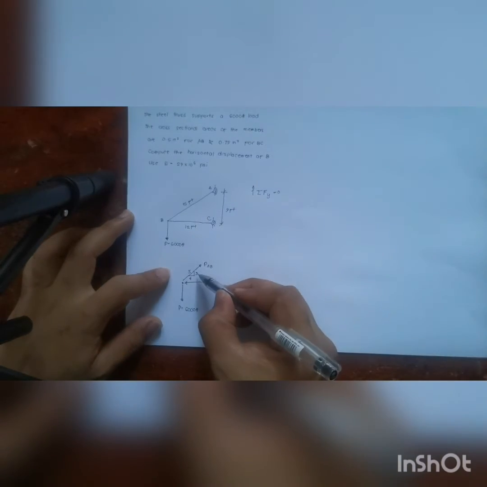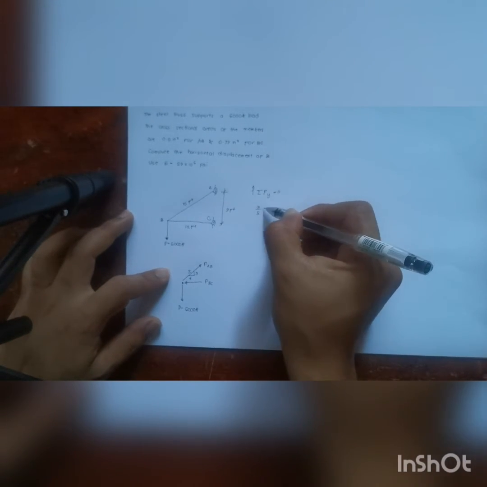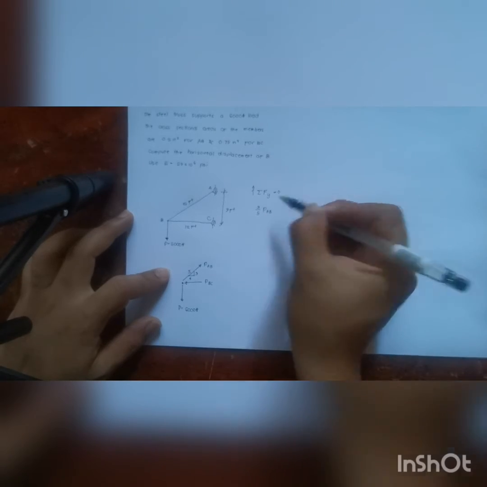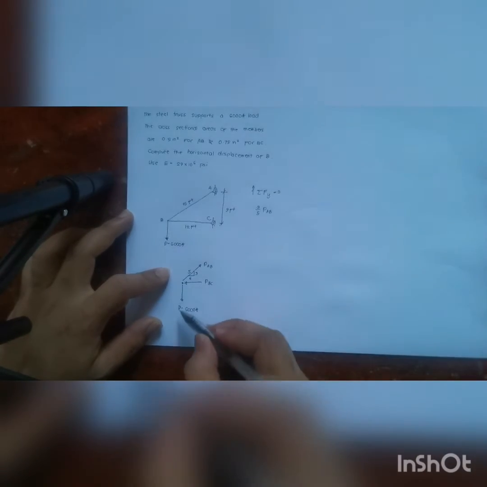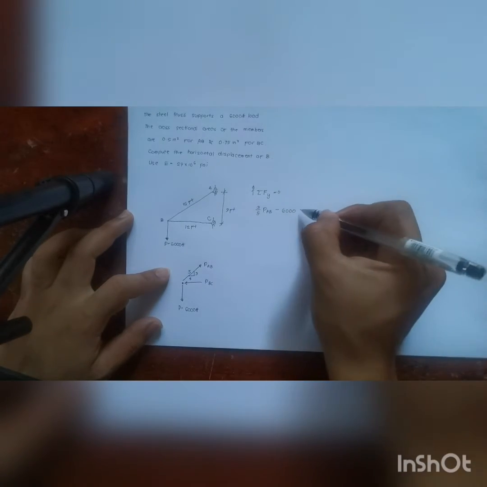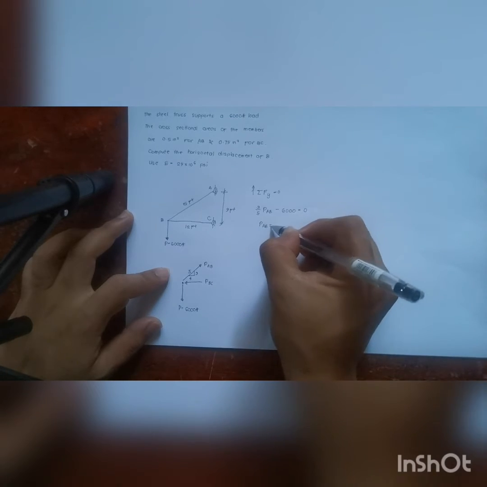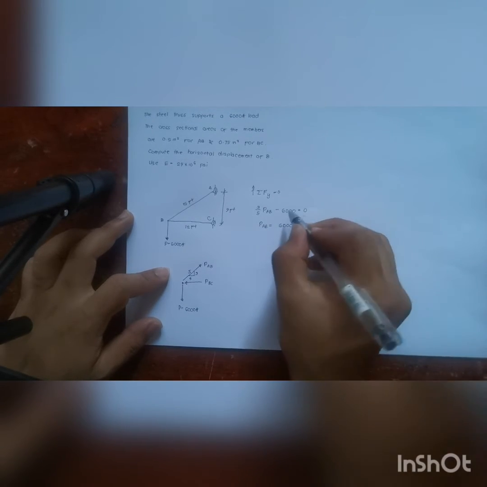Paano makuha yung kanyang vertical component? May slope tayo, that is 3:5 of member AB. And then, meron tayong downward force, negative 6,000. And that is equivalent to 0. So, solving for member AB, that is 6,000.